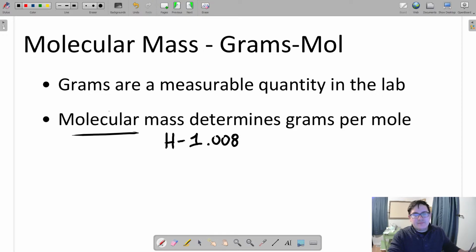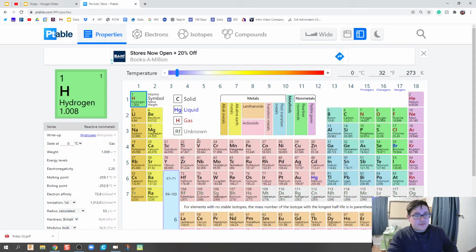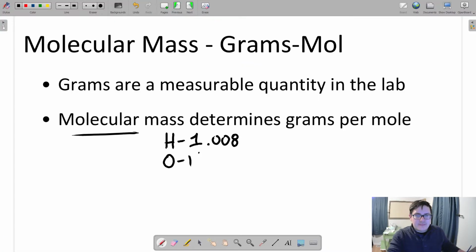And then oxygen has a mass of 15.99. But here's the thing, I really don't care too much about these types of numbers when you're looking at specifics. So we actually can go ahead and round these off and make them nice, smooth, even numbers. So instead of using that, we're going to use 1. And instead of this, we're going to use 16.